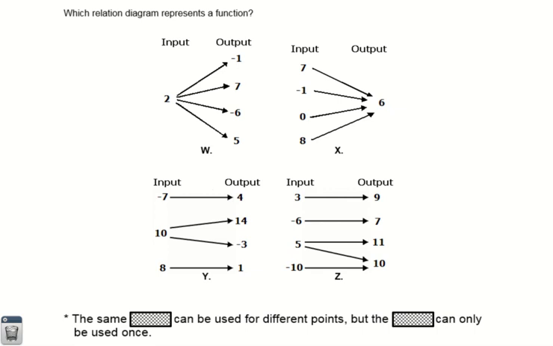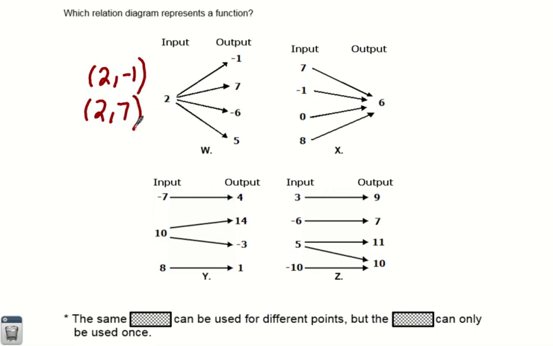Now, which one of these represents a function? Here we have what's called a mapping diagram. In W, if the 2 is mapping to the -1, that means we have 2, -1 as an ordered pair. But it looks like it's also going to be 2, 7.